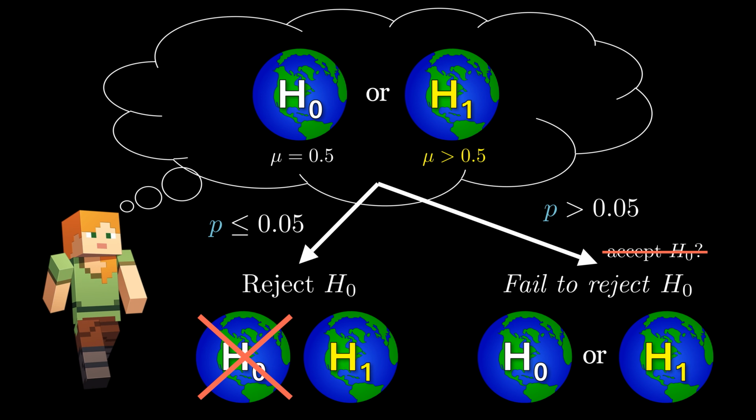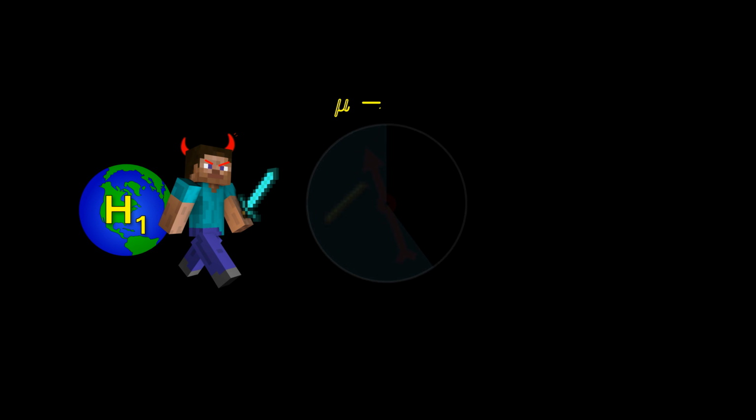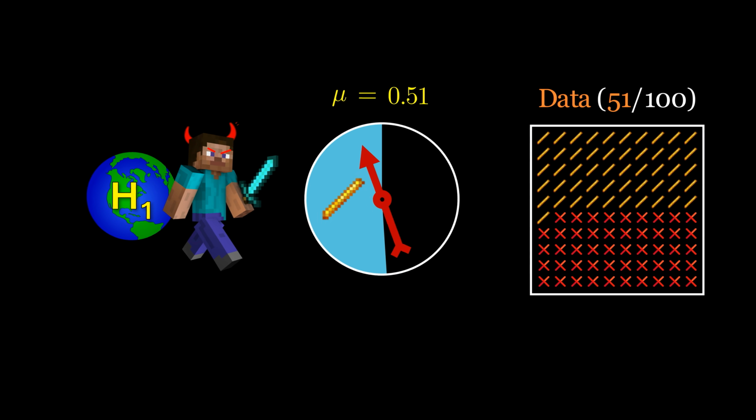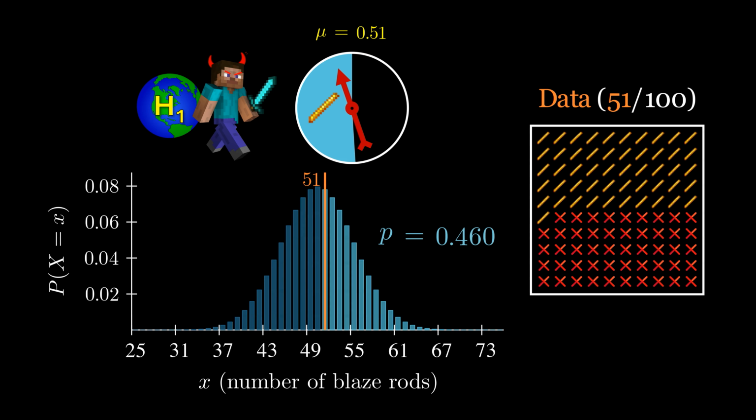Why? Well, it's hard to prove that the drop probability mu is exactly some value. Our friend might have cheated by changing mu by a very small amount, say to 0.51. If so, it would be hard to detect this change. We'd likely get around 51 out of 100 rods, and so our calculated p-value would be pretty high, even though the null hypothesis is false.